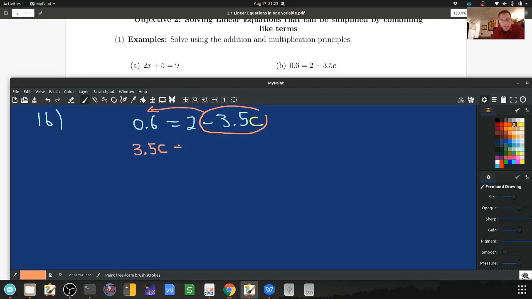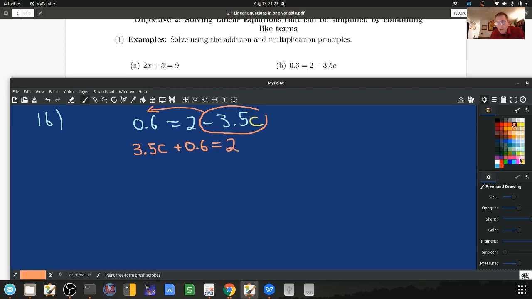My 0.6 is still there. And remember, when we don't have anything written in front of it, it's considered positive. In this case, it is positive because it's an actual number. And here, the 2 is still over here.